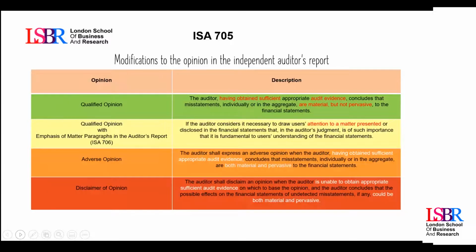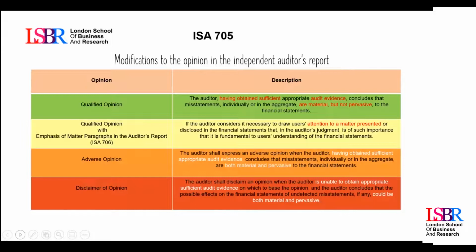An adverse opinion is a bad opinion because our evidence as external auditor says that the company does not reflect the reality. So an adverse opinion is a bad opinion, but worse than an adverse opinion is a disclaimer opinion, because in this case, as an external auditor, we don't have access to the information of the company, and we cannot say whether the company is good or not, whether the company is doing things in a correct way or not.